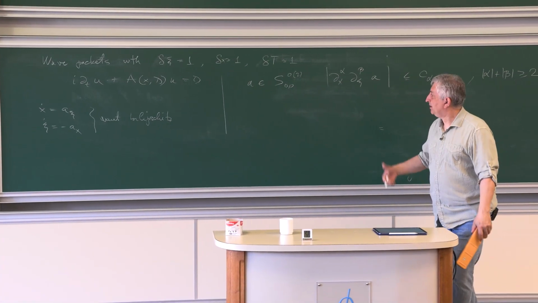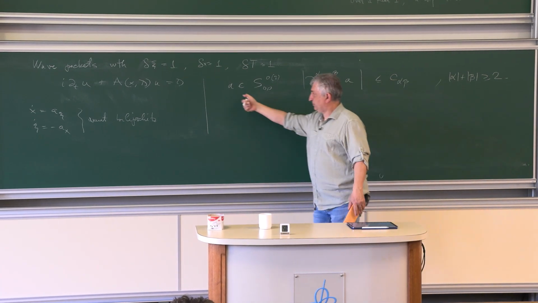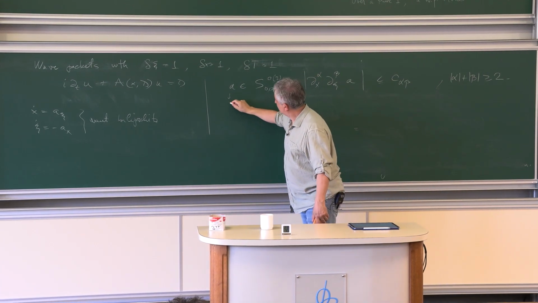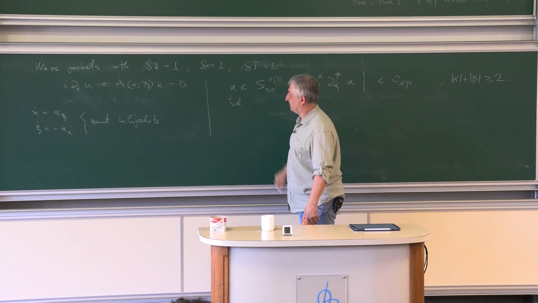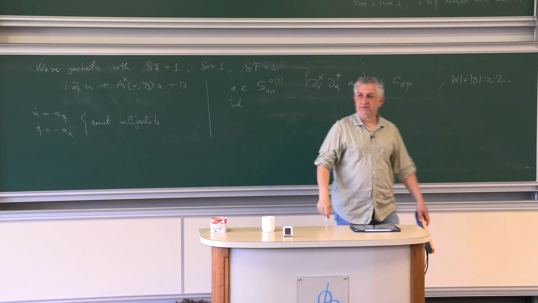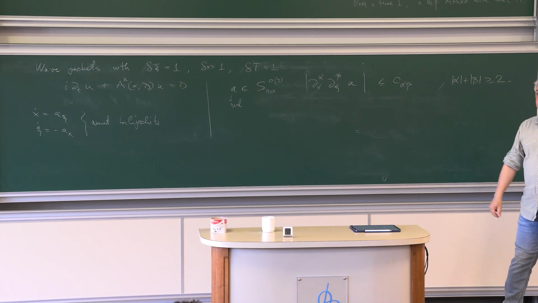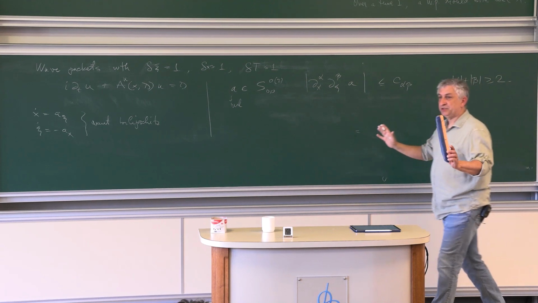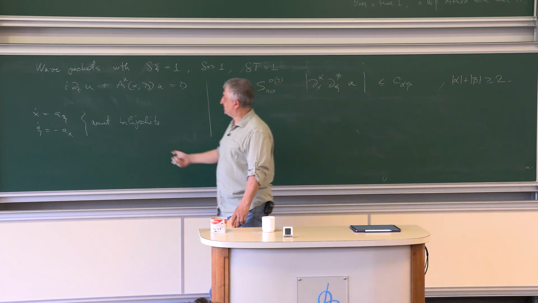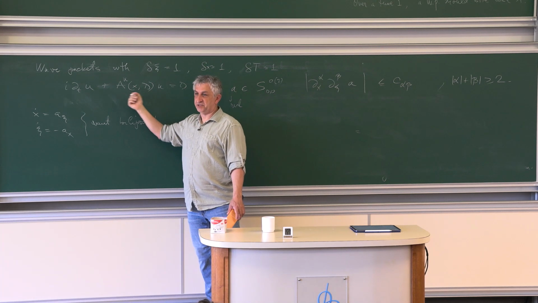And so the result says that if you have a real symbol of this type, and maybe to make things simple, do the Weyl quantization, then you have a wave packet parametrix, if you want, for this flow. This has nothing to do with dispersive estimates, because these assumptions do not tell you that the flow here is dispersive.